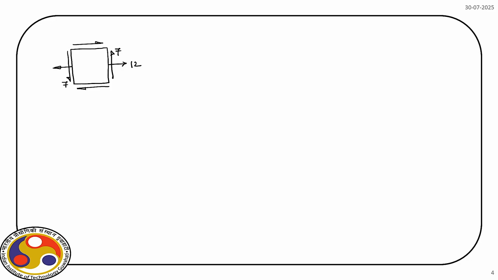So, that is 7 and this is 12, right. Okay. So, we will first find out the principal stresses, and for that we have sigma 1, 2.